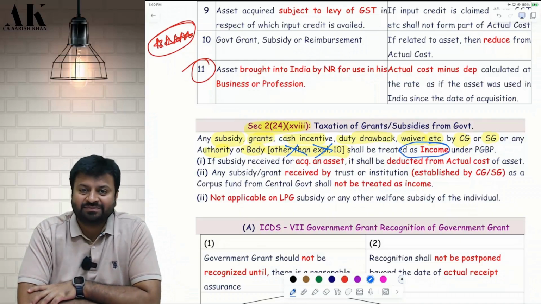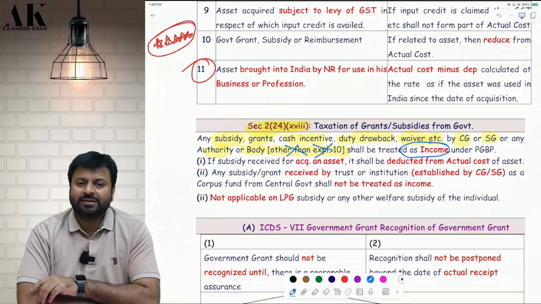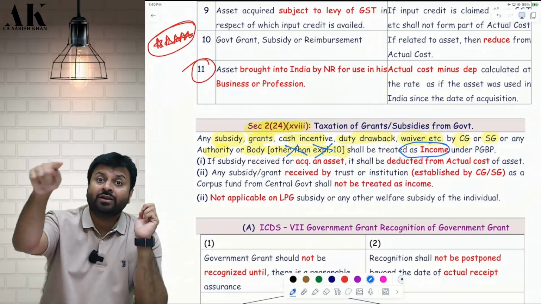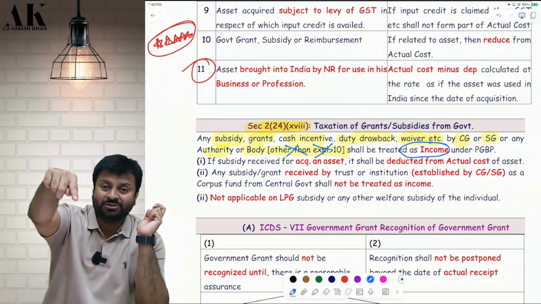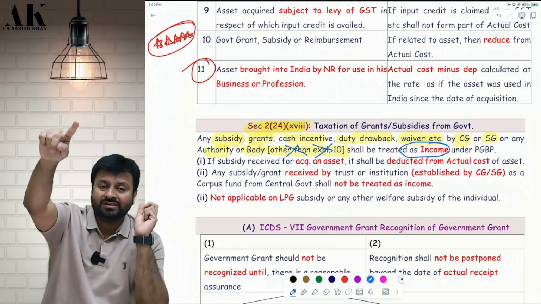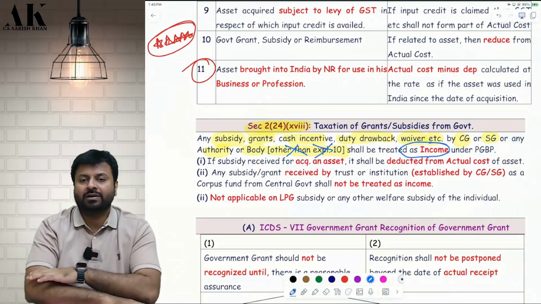Directly it will be your income. So any subsidy you receive for electricity, for raw material, or the waiver of loan which I have just shown you, that 5,000 rupees will directly be your income now.